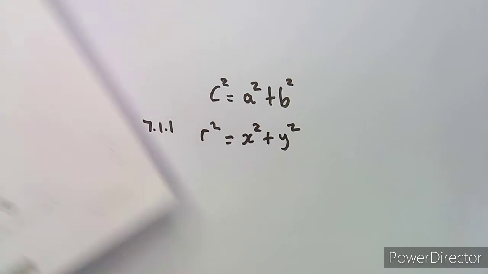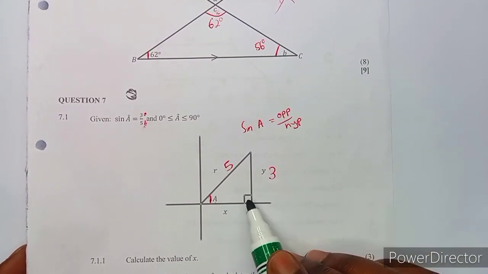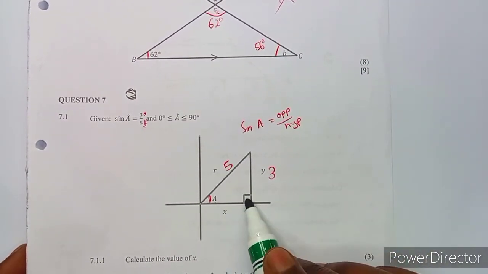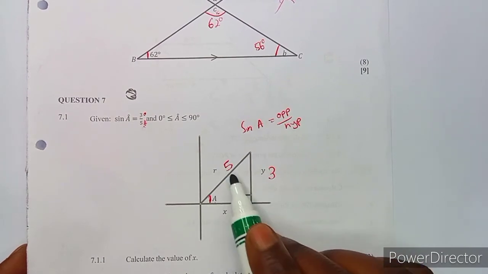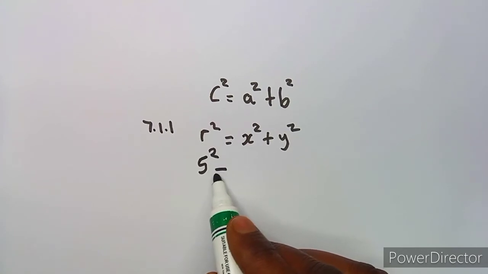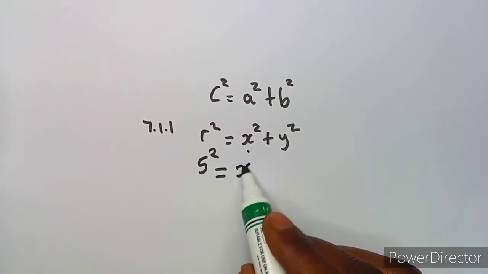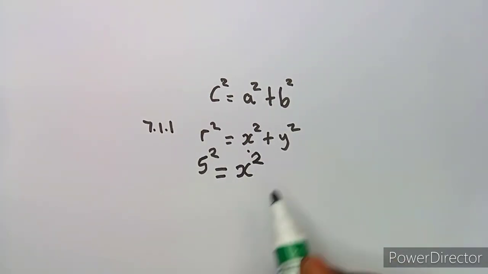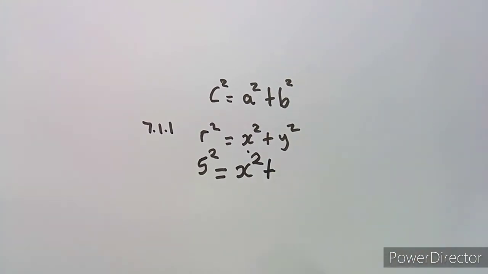These are the shorter sides, x and y. Now we can substitute. r is the hypotenuse, the longer side, opposite to 90 degrees, the right angle, so it's 5. So it's going to be 5 squared, which is equal to x squared, the one you want to calculate, plus y squared.